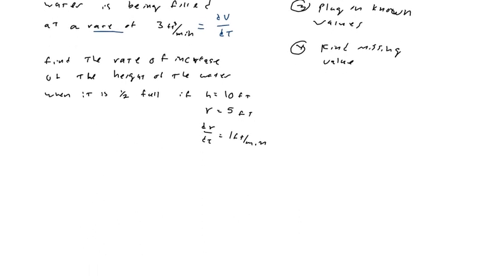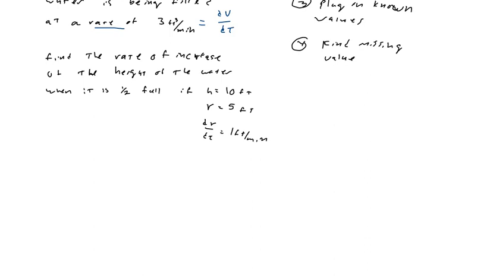Exactly. So, let's draw a picture of this tank. Here, we've got our conical tank. We've got some water flowing in at 3 cubic feet per minute, dV dt. And we've got some other information.